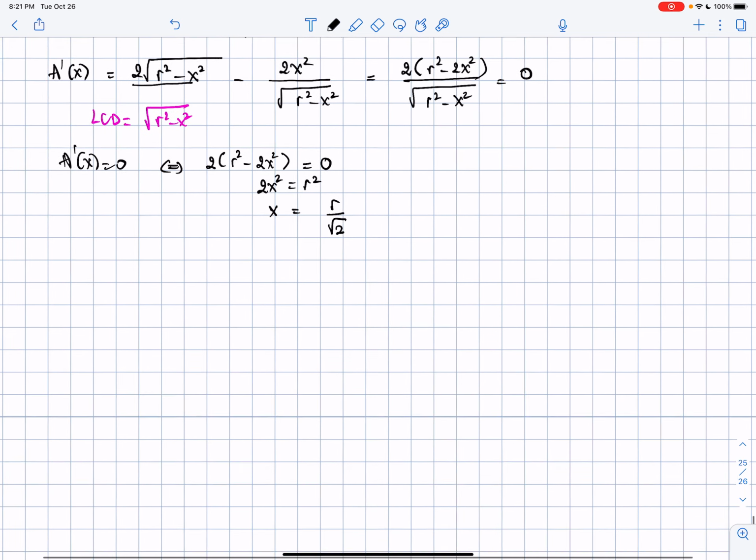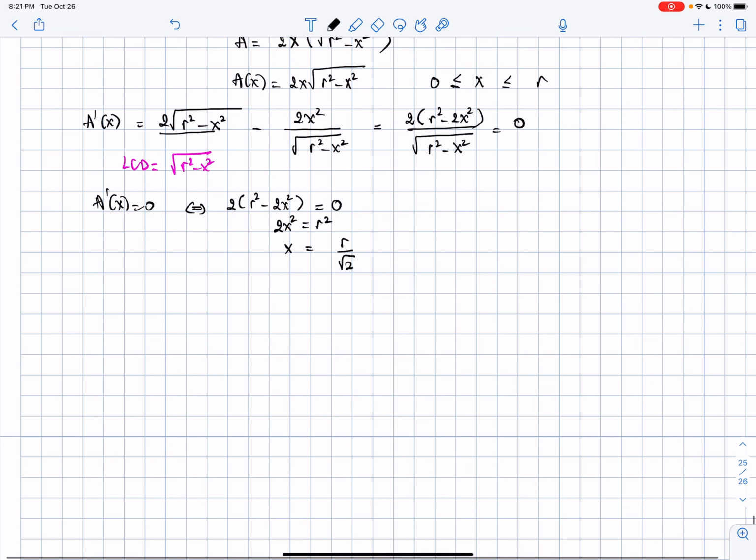Now we have 3 x values: 0, r, and this one. Actually, you can find the x value where A prime does not exist. That means x has to be equal to r.